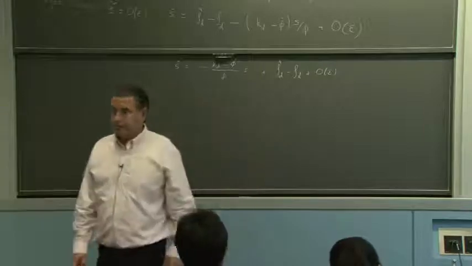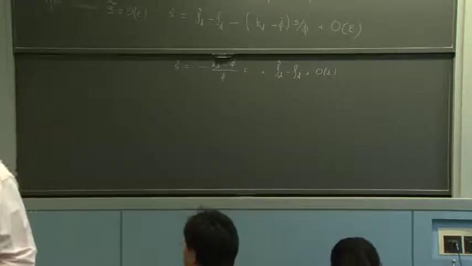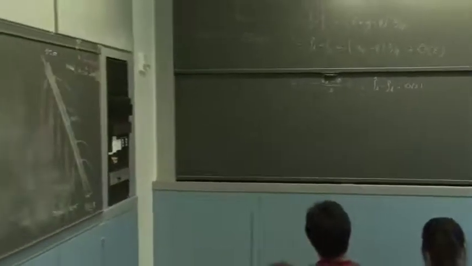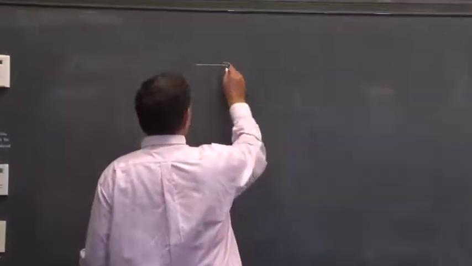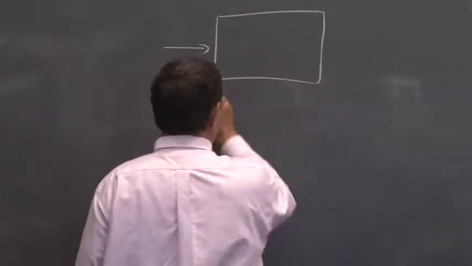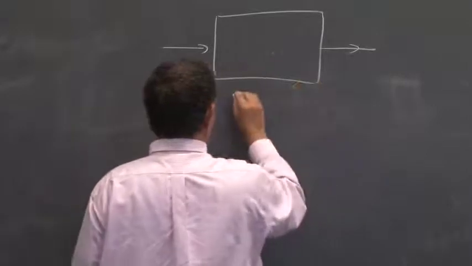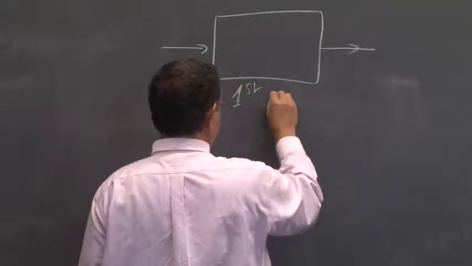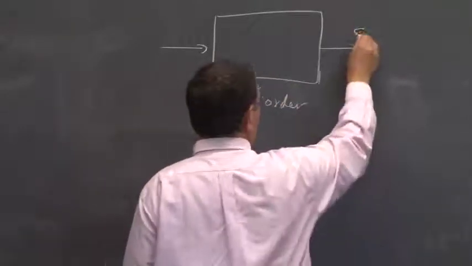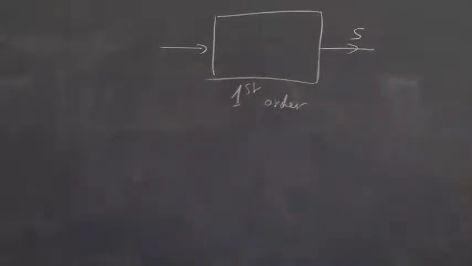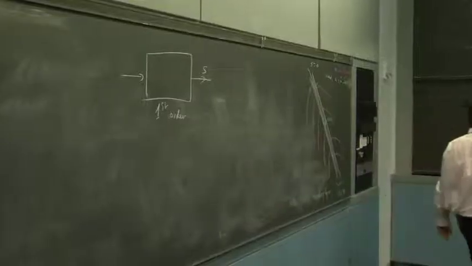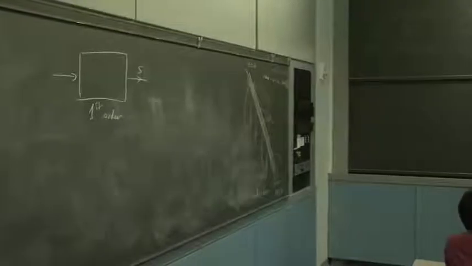Now, what does this equation say? It says as a first order dynamics, which gives me S. That's not surprising, right? Because we defined S precisely so that its dynamics be of first order, okay?